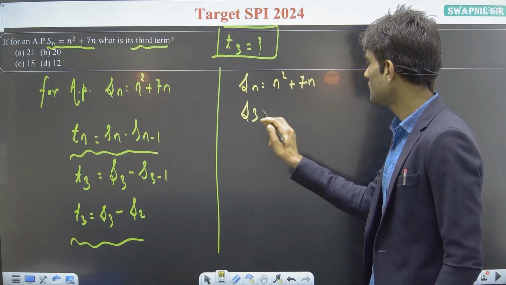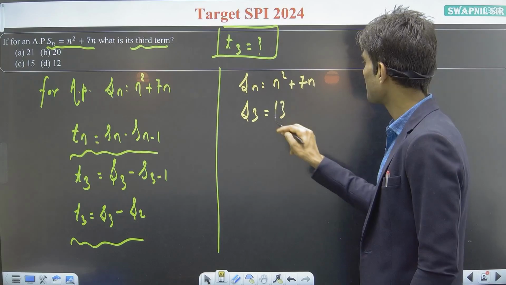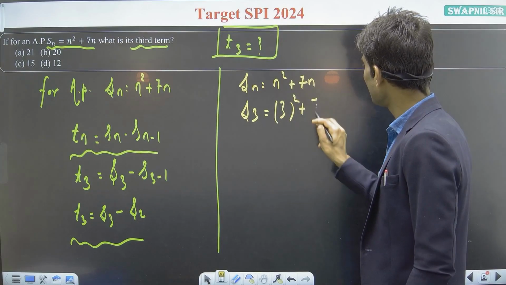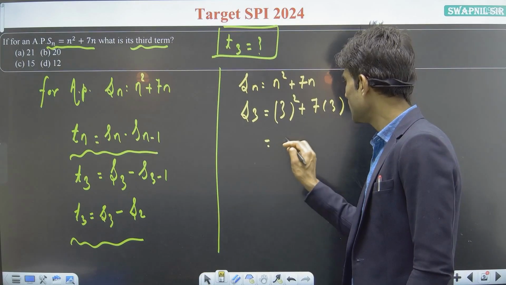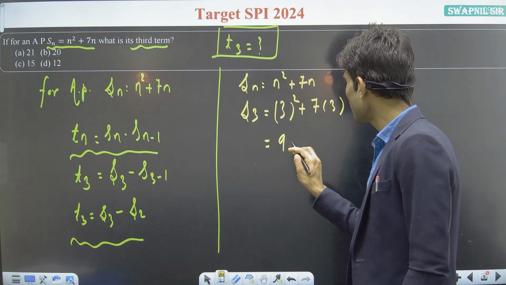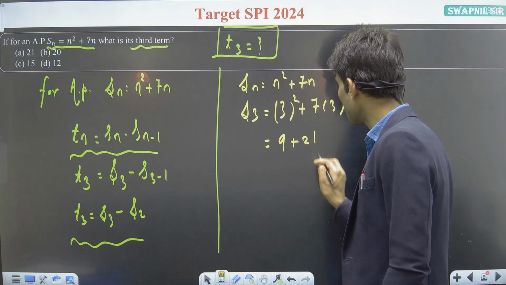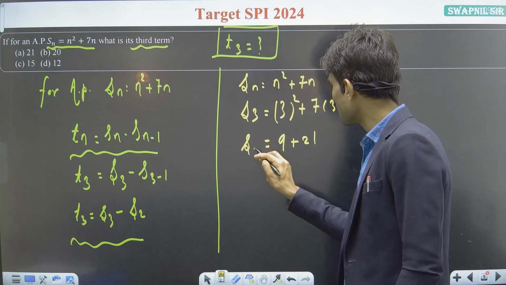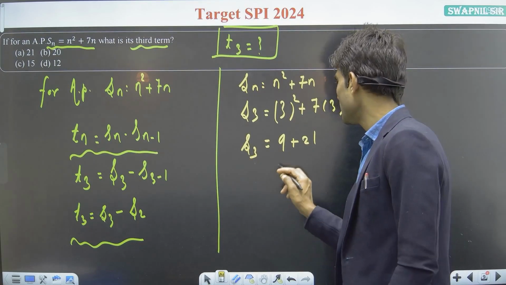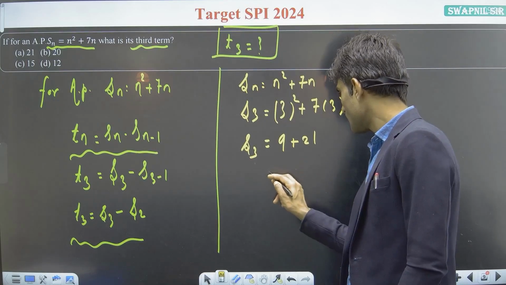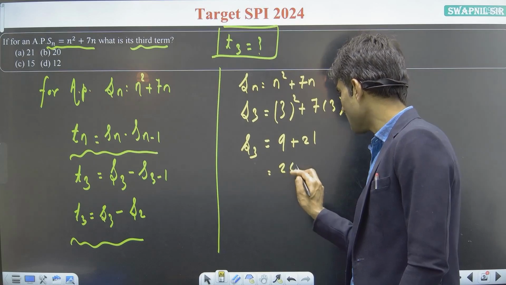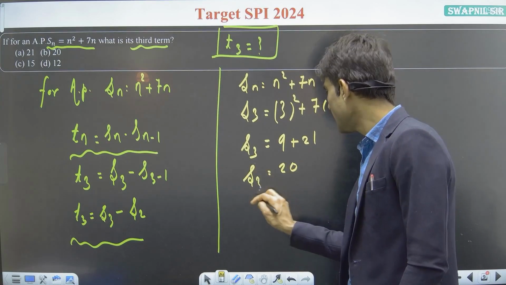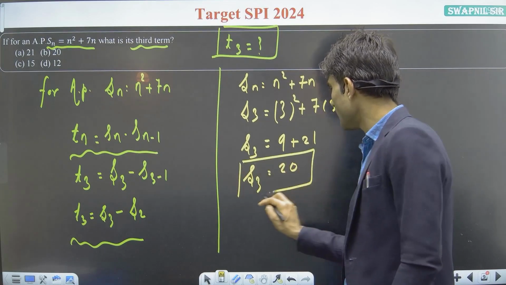S3 can be written as 3 square plus 7 times 3. 3 square is 9, plus 7 times 3 is 21. So 9 plus 21 gives 30. The sum of 3 terms is 30 here.